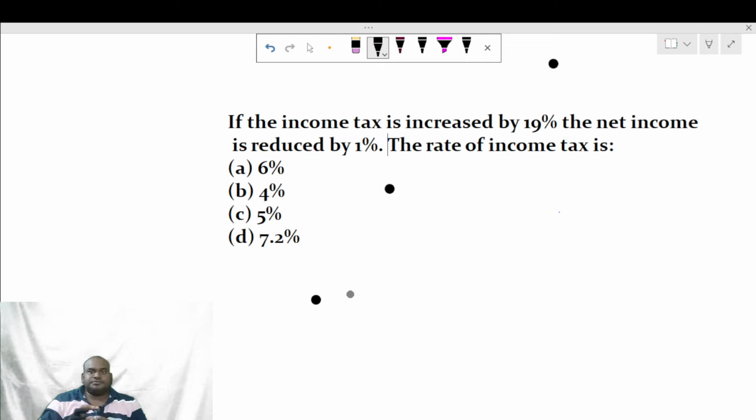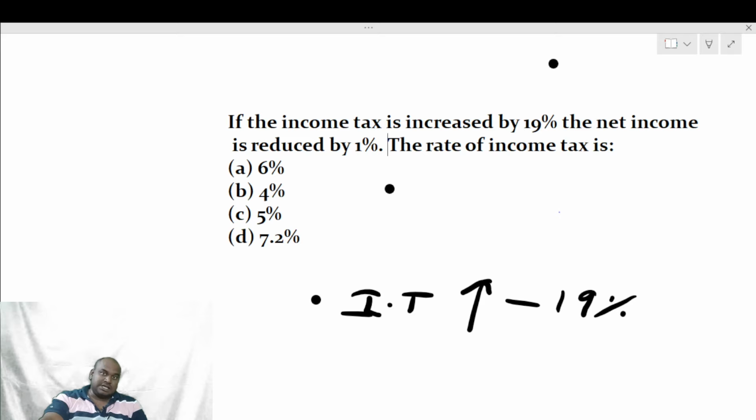So the income tax is increased by 19%. What is happening?